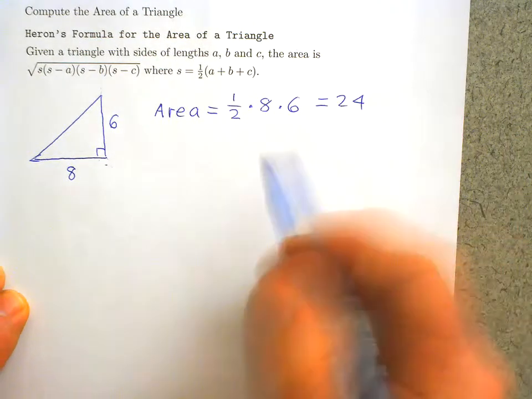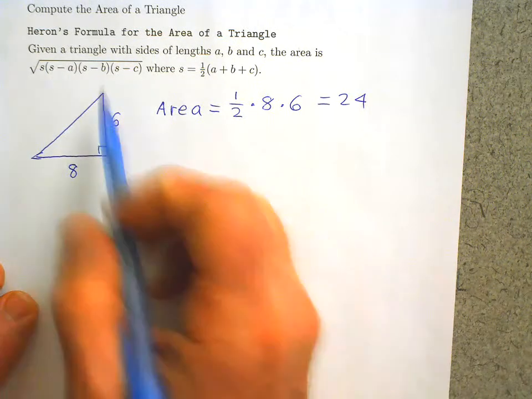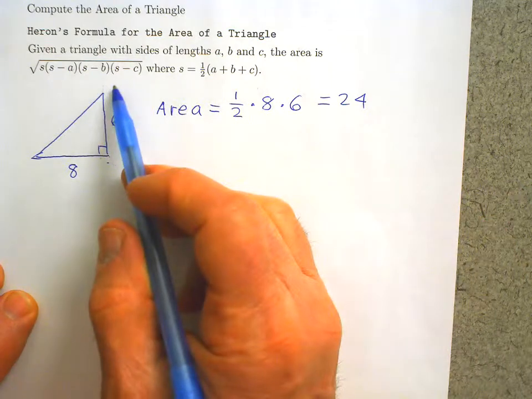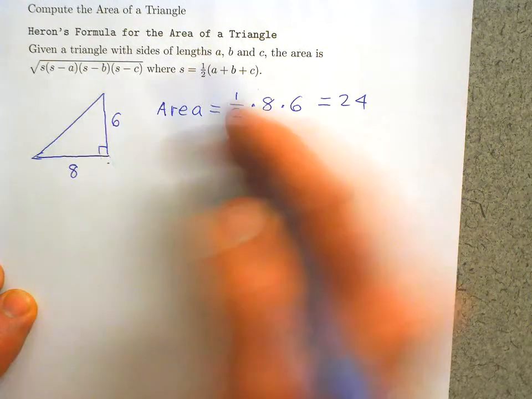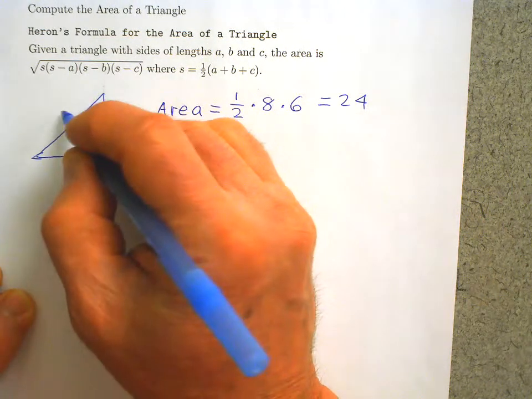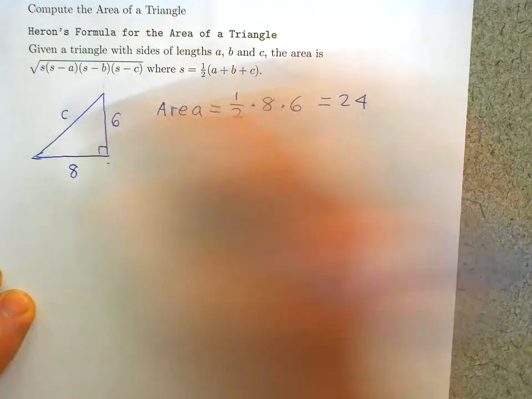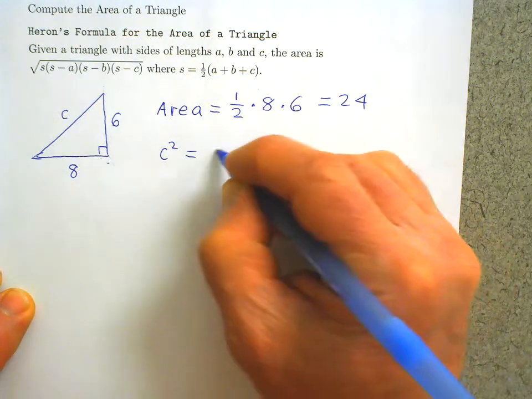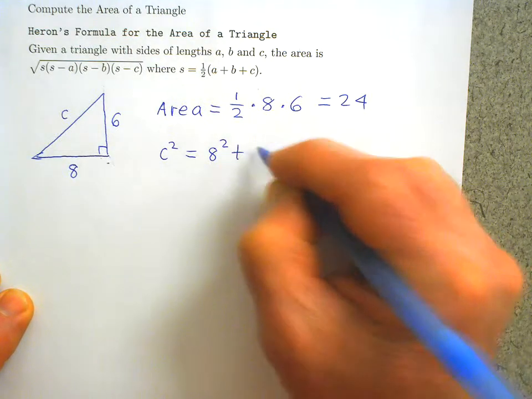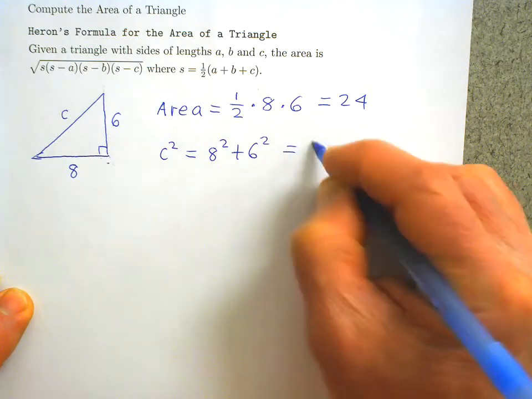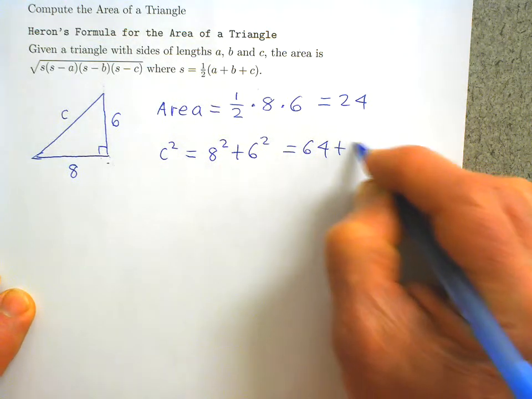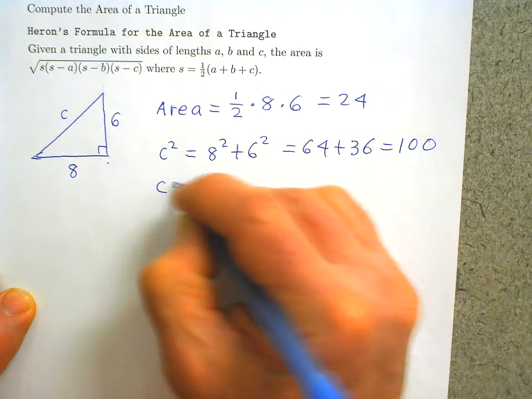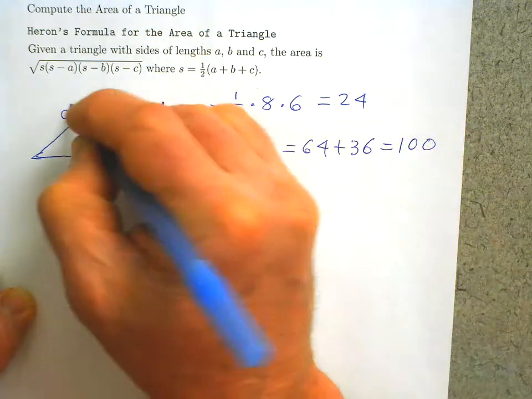So let's see if we can get this formula to work. In order to use this formula, we need to know what the length of the hypotenuse is. So let's call that C. So C squared is equal to 8 squared plus 6 squared, or 64 plus 36, which is 100. So C is equal to 10.